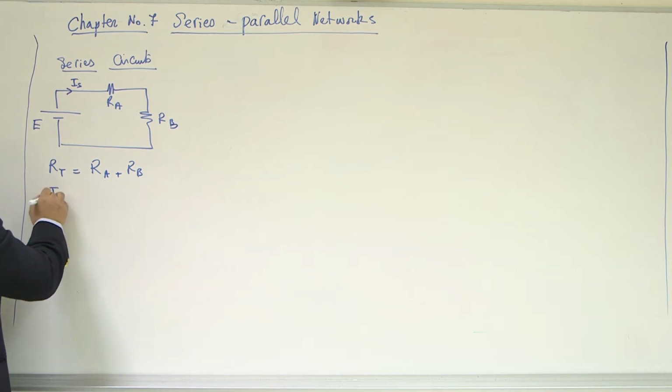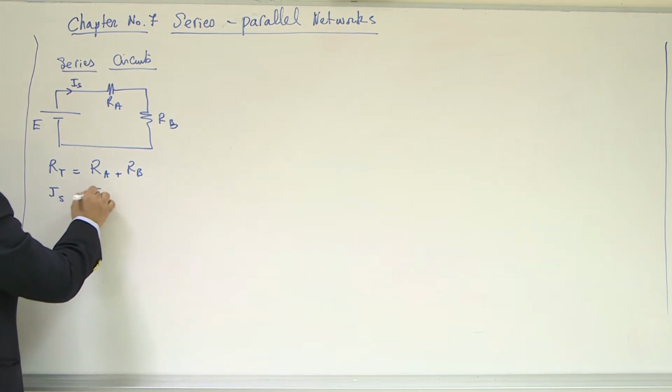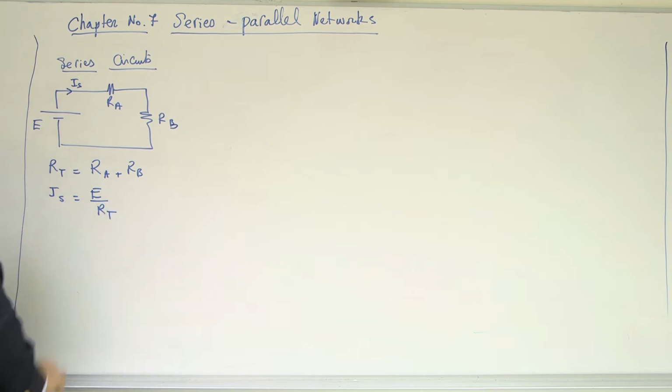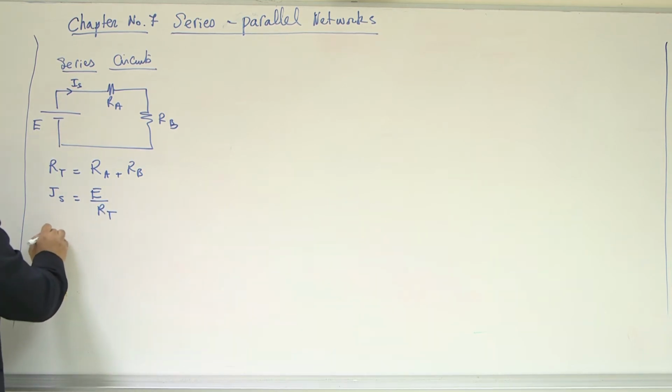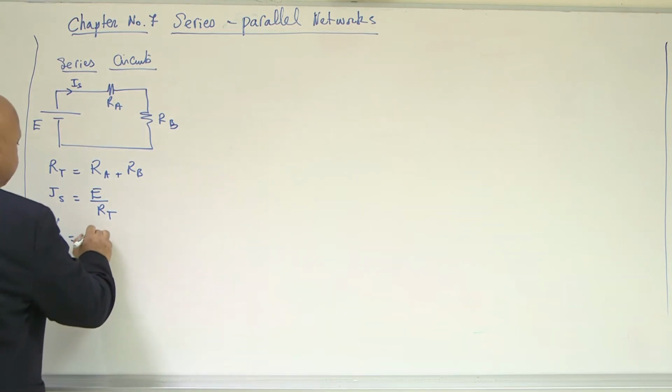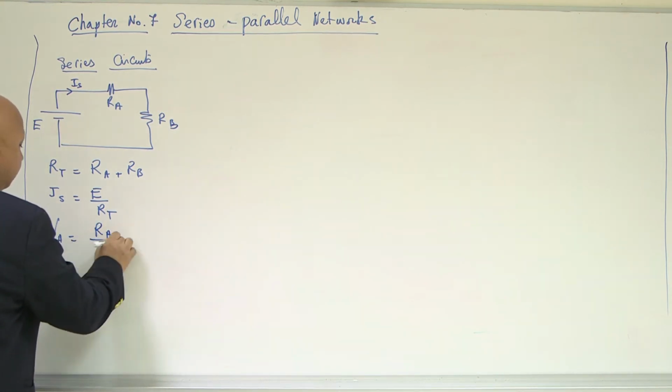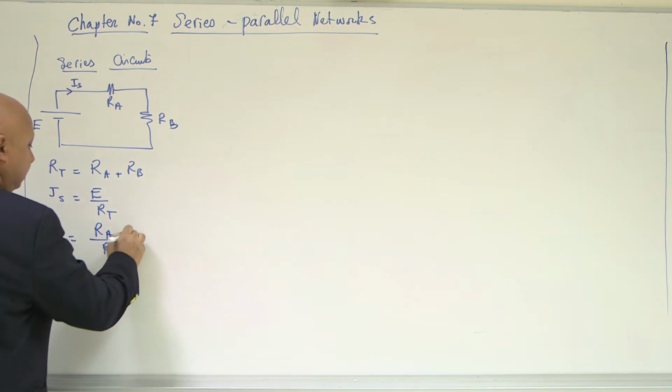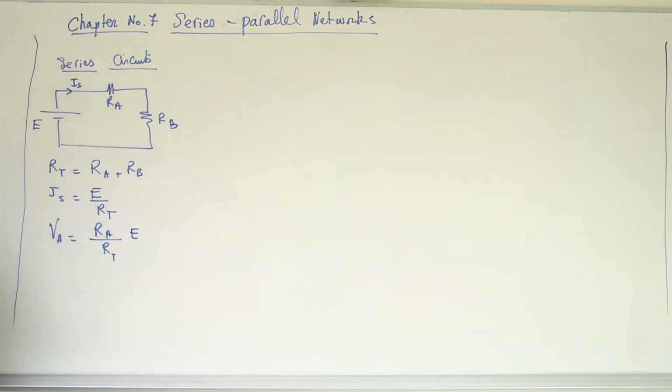IS equals E divided by R total. And VA, using the voltage divider rule, is equal to RA divided by R total times E. This is what we have learned in series connections.